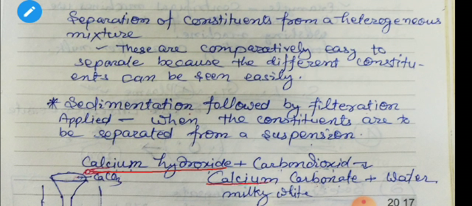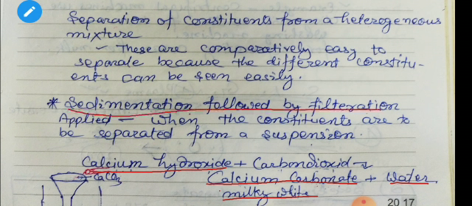And many times we have discussed, students, this is a suspension. So it forms calcium carbonate and water also, and the calcium carbonate looks milky white. So students, this one we can separate by the process of sedimentation followed by filtration.